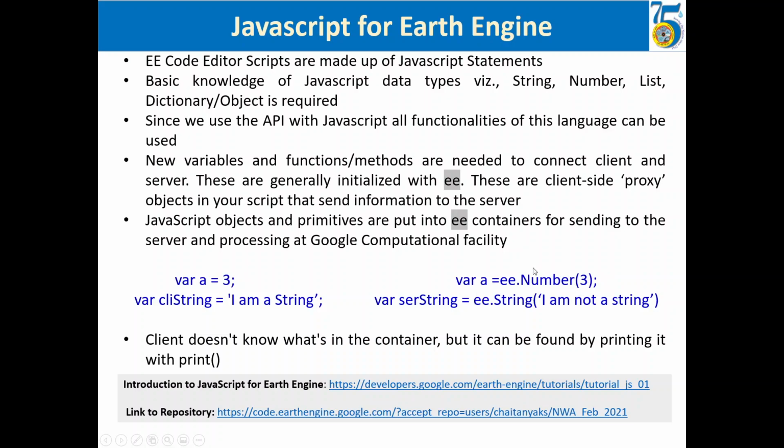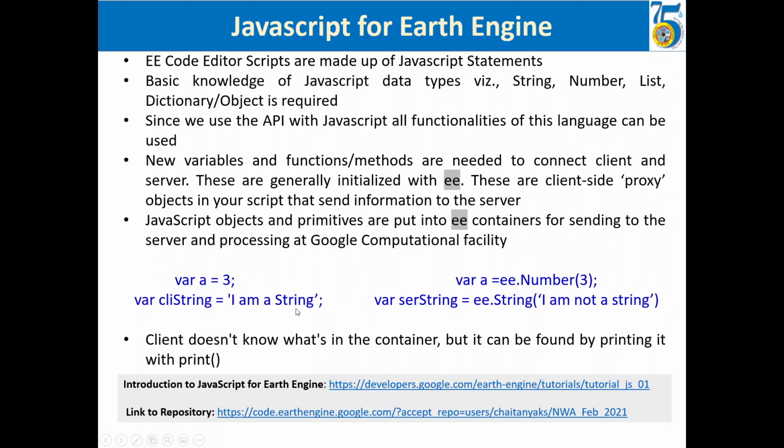Now the data type of a here is a number, whereas here it is not a number, but an Earth Engine number object. It is an object. Similarly, while declaring a string in JavaScript, it is enough to use a placeholder name and declare it using the keyword var, and you can make use of it in your script.